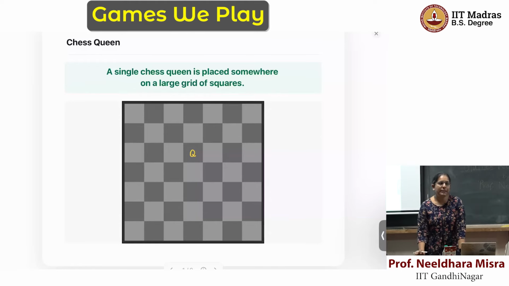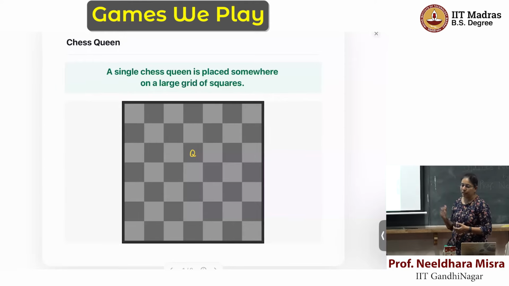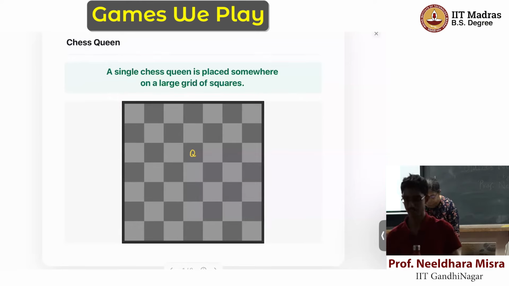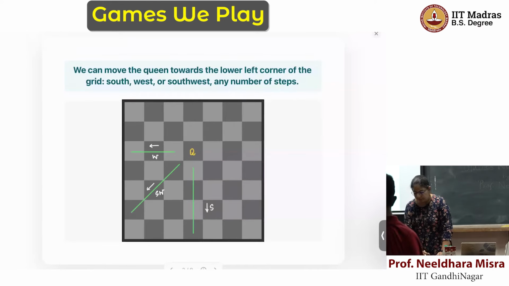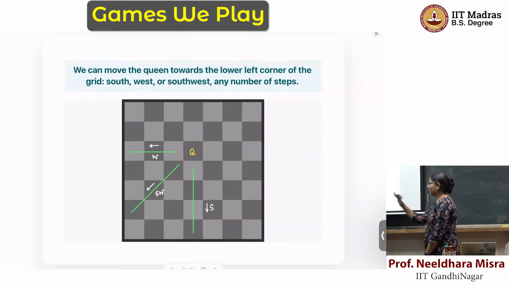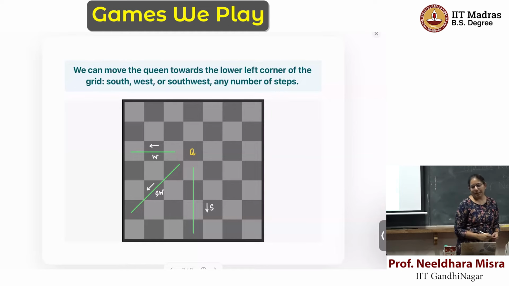All right, so what's happening here is that you have this sort of a grid. It could be any n by n grid, but in this case it's not even a chess grid, this is 7 by 7, I think. We have a piece somewhere in the grid, and it can only move downwards and leftwards.